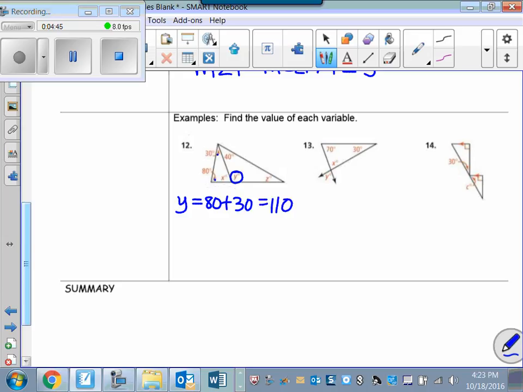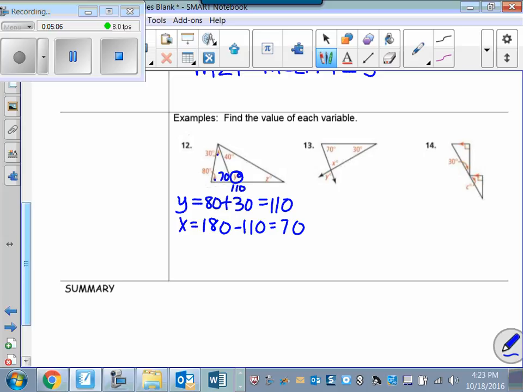And y already has the degrees on it here, you see? That's why I don't have to put the degrees on my 110. So if y is 110 degrees there, then I know that x is 180 minus that, right? Because they are a linear pair. So x is 70.